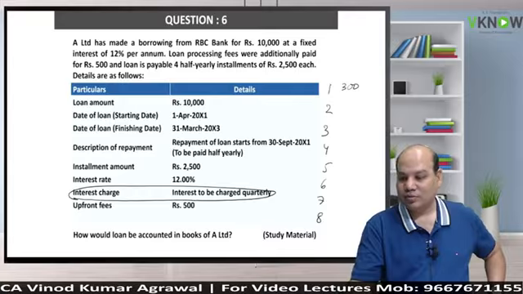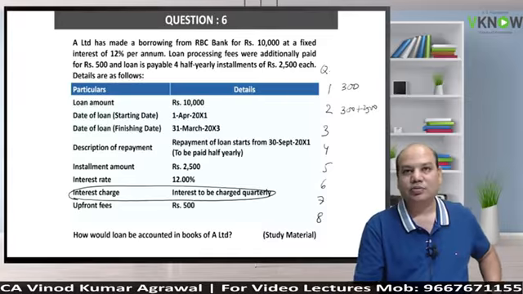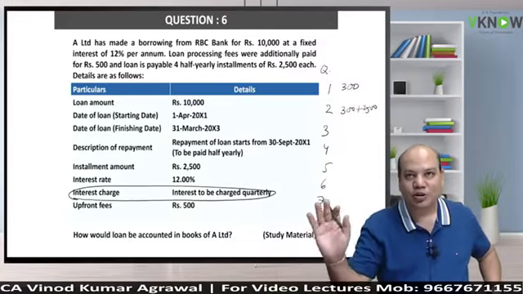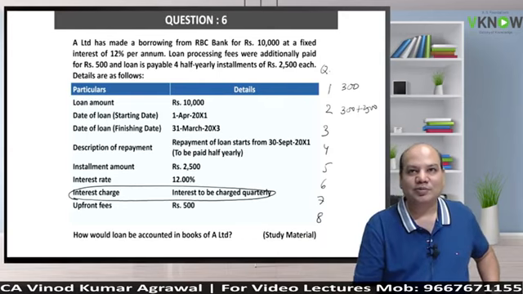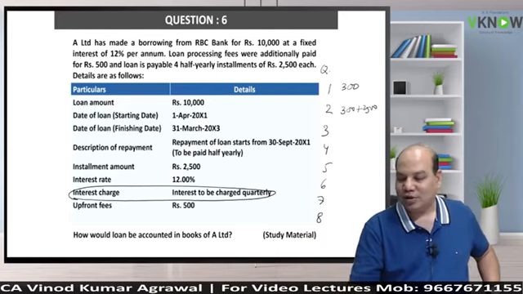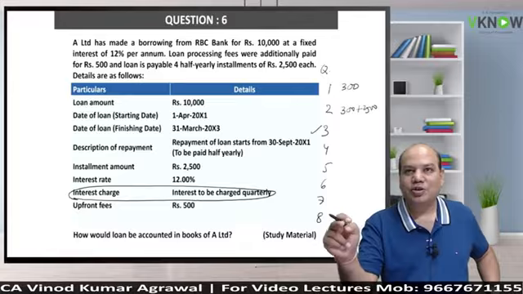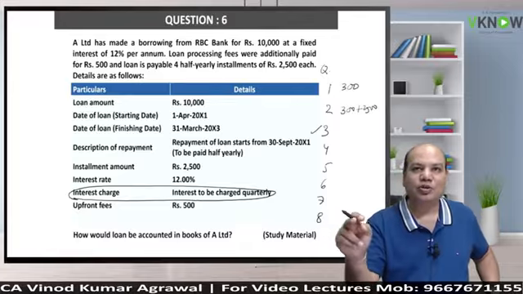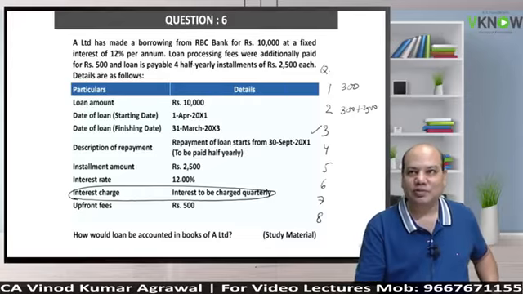Next, these are quarter numbers 1, 2, 3, 4, 5, 6, 7, 8. In the second quarter, you will pay 300 plus you will pay 2500 also. But then what happens? Your principal goes down to 7500 now. So in the third quarter, your interest will be on 7500 into 12% into 3 by 12.